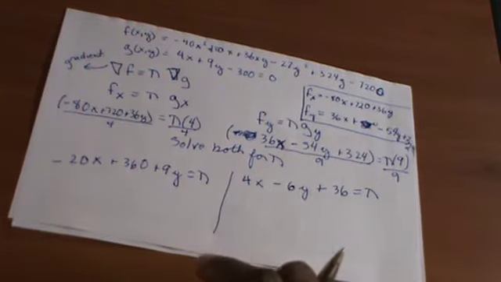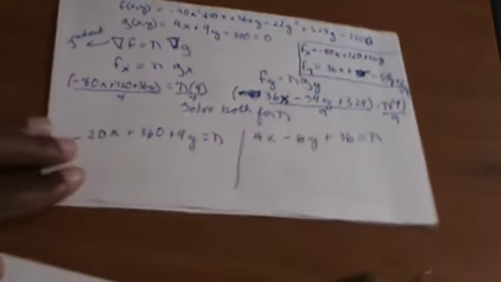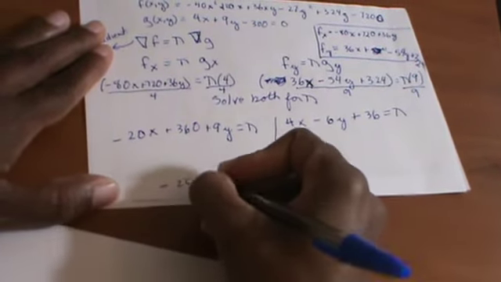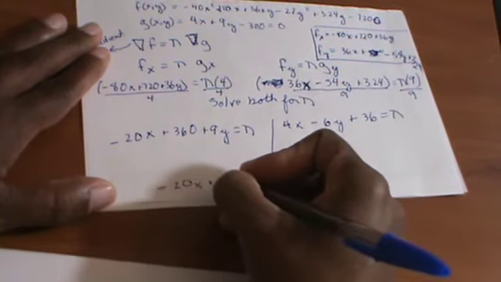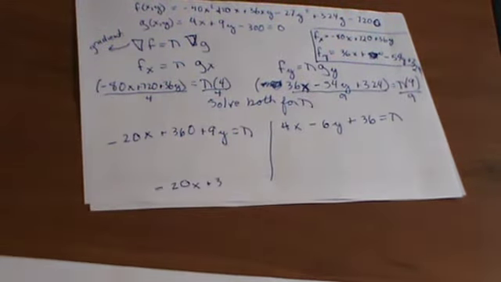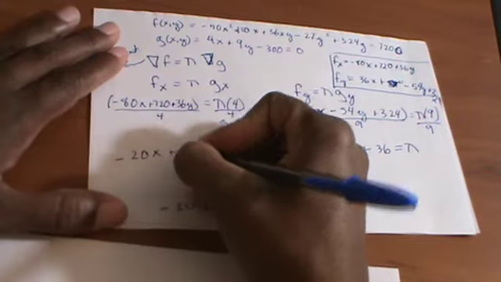So what am I saying? I'm arguing that negative 20x plus 360, wait, that number is wrong. I did that in my head. Hold on one second. 180. Please make the necessary correction.